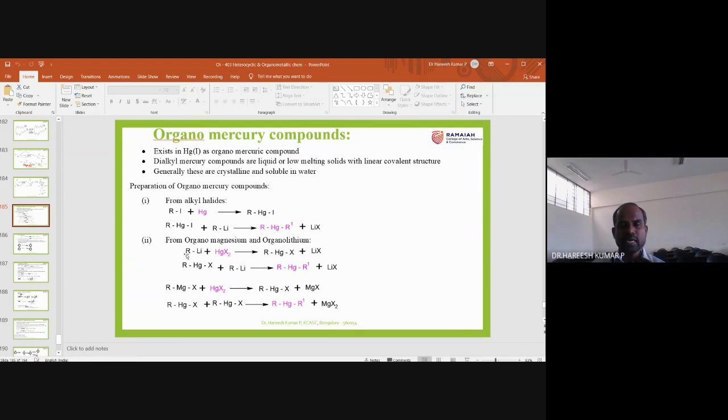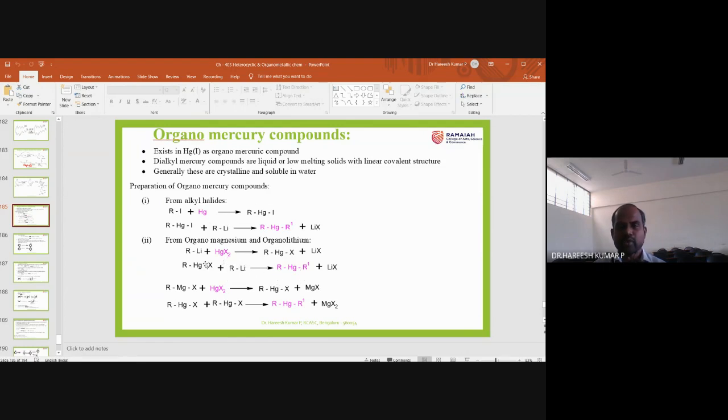Let's look into another method, from organomagnesium and organolithium compounds. Here I am taking organolithium. When it is treated with mercuric halide, HgX2, what is the product obtained? The product obtained is alkyl mercuric halide. When it is treated with organolithium again, it gives dialkyl mercury.